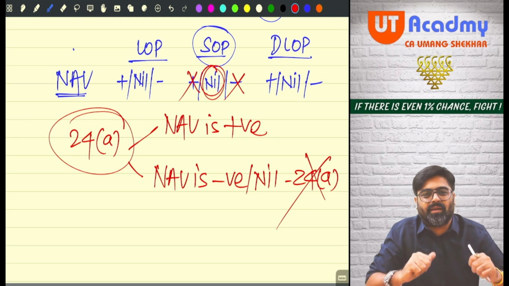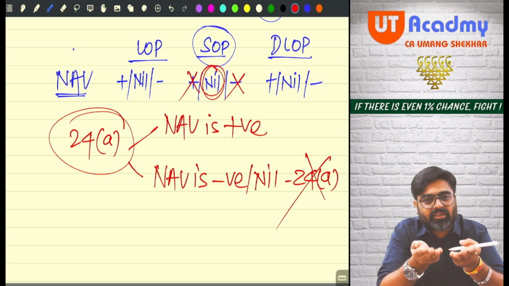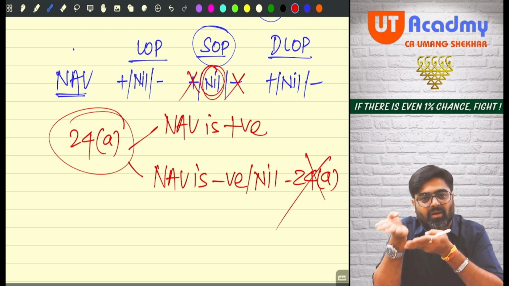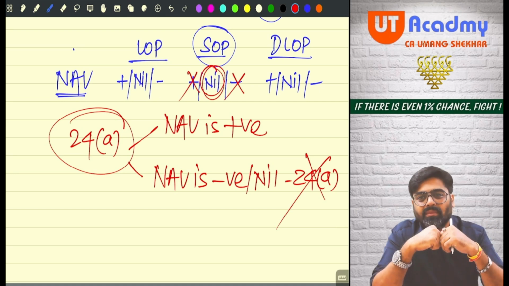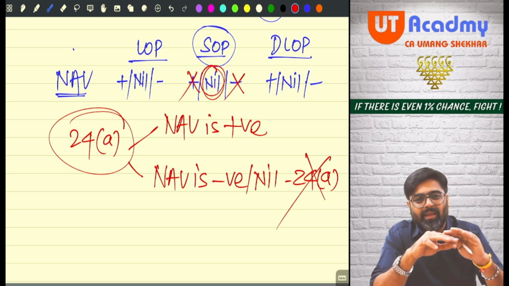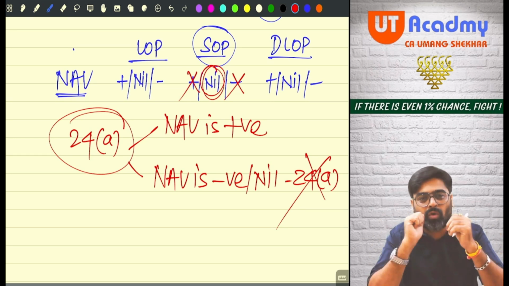Because see, it becomes very difficult for us also to identify what type of expenses you have incurred. Sometimes even the expenses are not incurred and you are coming to claim them. You will come with bogus bills and all, and it will be a very time-taking process for us also to verify whether the expenses which you are going to claim are actually incurred by you or not.